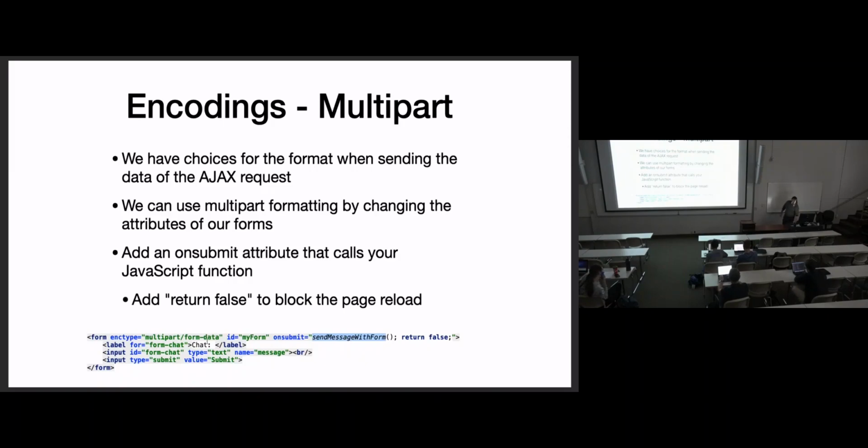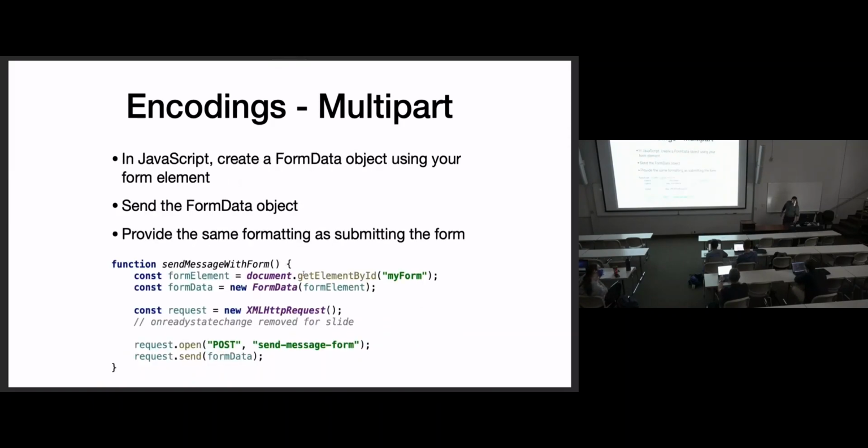Now in our JavaScript, we can get the data of the form using some built-in functionality. We're going to create a new form data object with the element of the form. So we're going to get that element, create form data, and then just ship it.